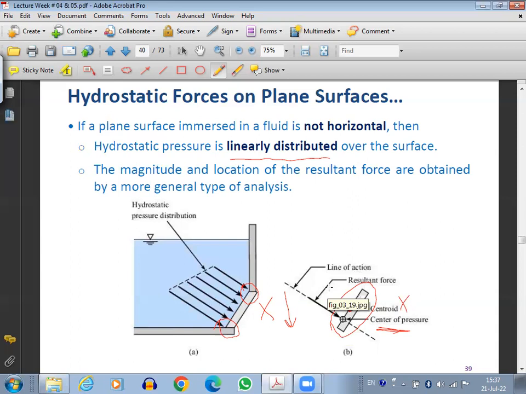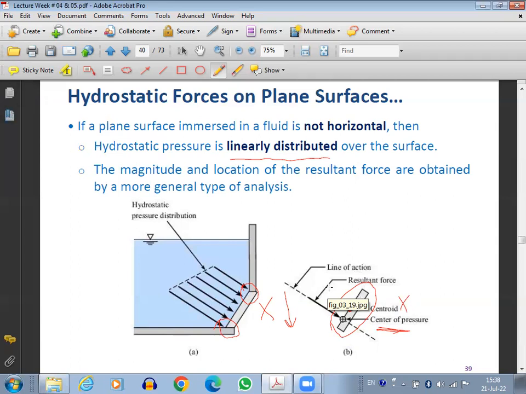And that makes sense. Why below? Because on the lower side, the pressures are higher. On the upper sides, the pressures are lower. So if the pressures on the lower sides are higher, obviously the forces will be higher on the lower sides. So the center of pressure is going to be shifting down from the centroid.